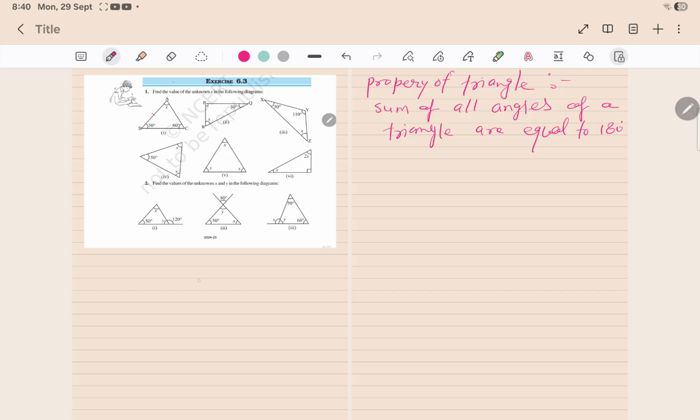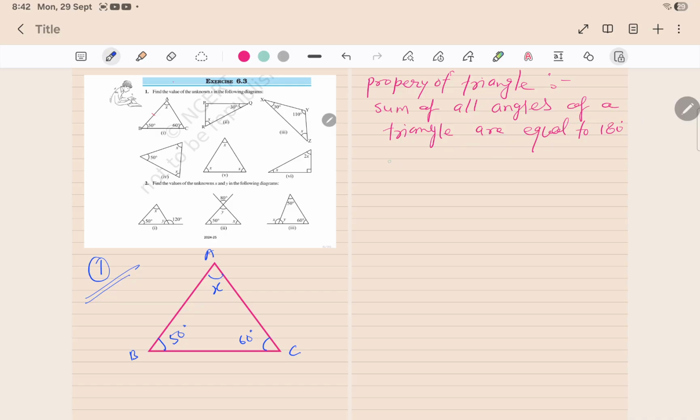So in question first, we are seeing the three angles of a triangle shown in the figure. The sum of all angles of a triangle is equal to 180 degrees.